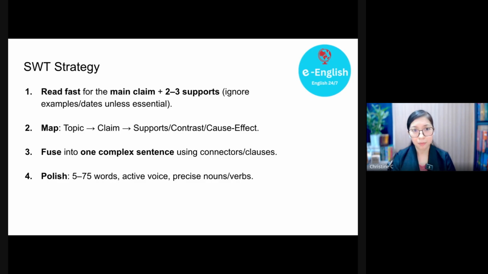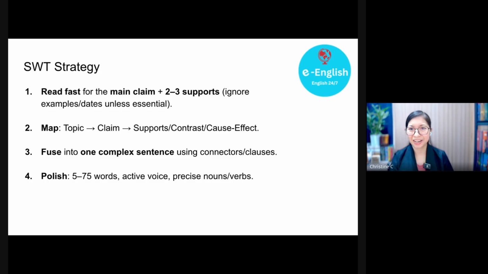You start with a topic, say what's the claim, use 2 to 3 supports. Usually we can express the contrast here or the cause and effect relationship. Fuse them into one complex sentence using connectors and clauses. After that, you polish to 5 to 75 words.